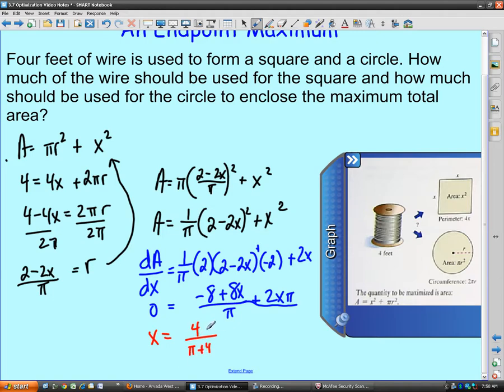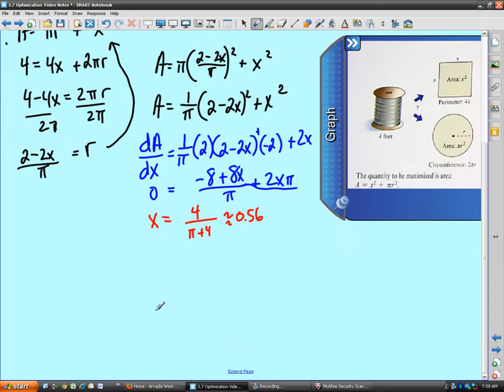And so if we're trying to maximize this, we're trying to find the biggest area. We're going to use our region, and our region is that we could have our x value be between 0 and 1 to get our dimensions, to get a perimeter of 4 and an area of what we're looking for. So if that's our case, then we could say, oh, well, area at 0 is going to be approximately 1.273.